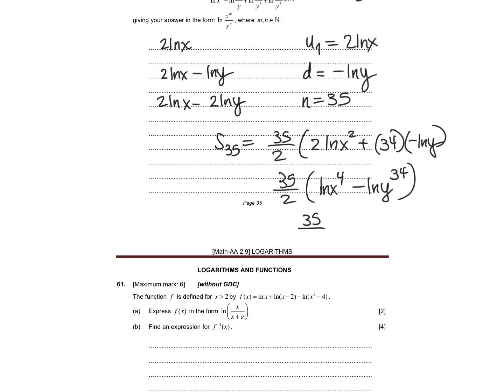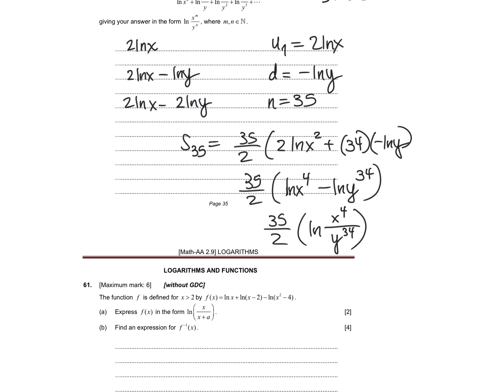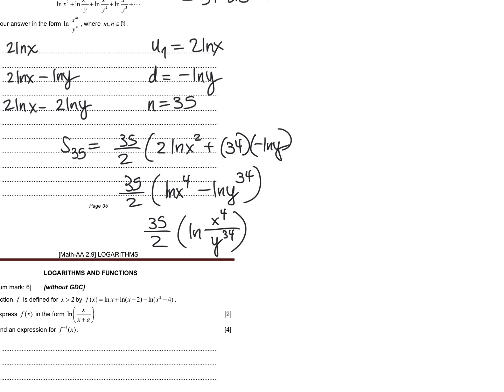And 35 over 2 natural log x to the 4th over y to the 34th.